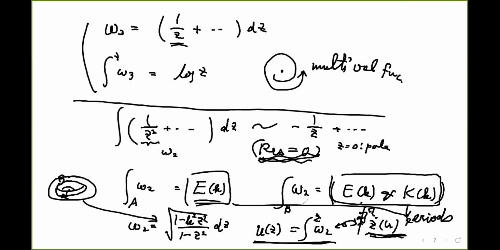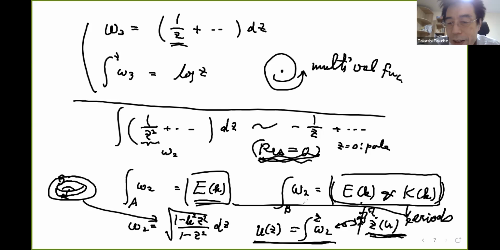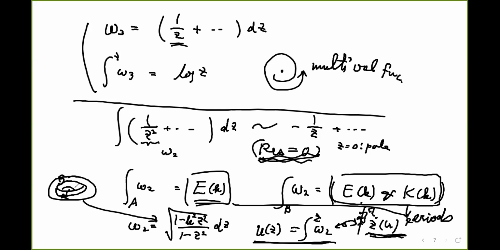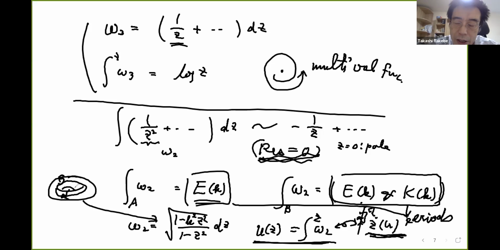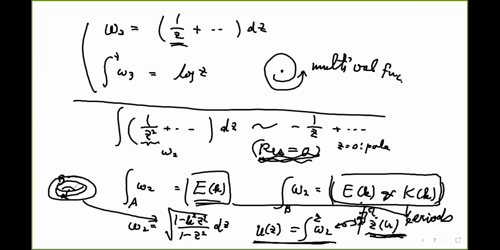I'm just thinking the inverse function, if it exists, it's also periodic, right? Yes, because of the structure of the elliptic curve. If you take this case where z is very, very close to 0, this thing that you just checked, you said that u is very close to -1/z for z very close to 0. Yeah. So you can invert this very close to 0, and you see that z is very close to -1/u.